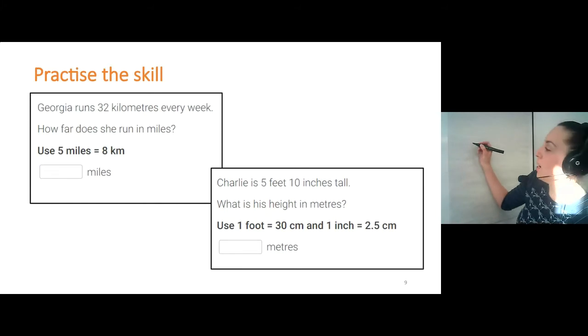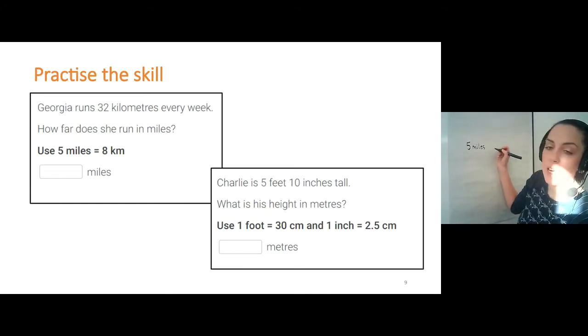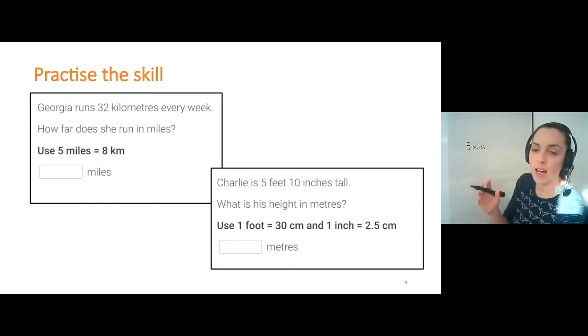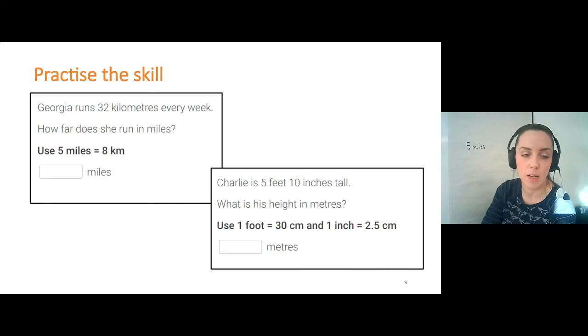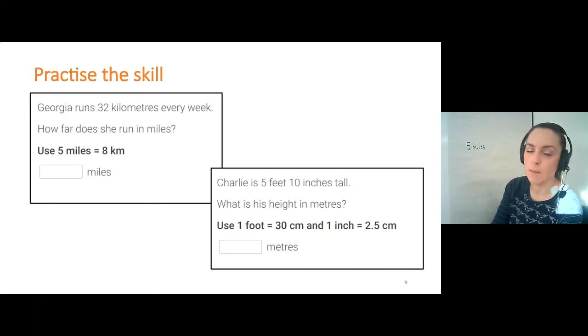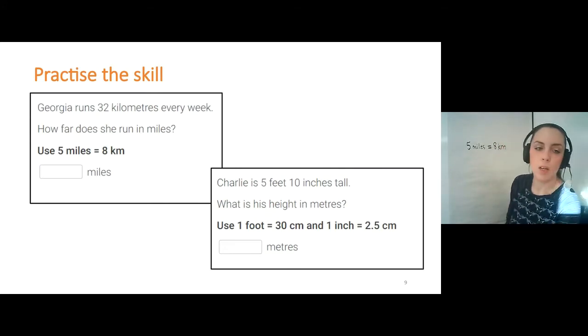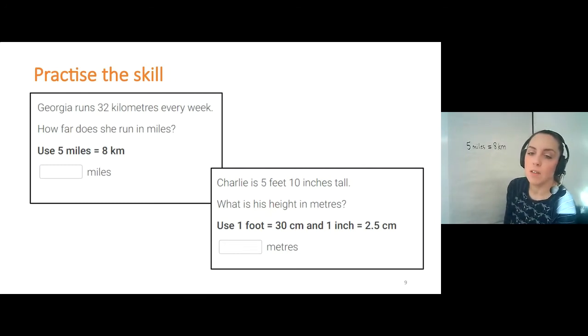So if 5 miles, and hopefully everybody's attended or has seen the scale tutorials already. If you haven't, let me know and I'll send them to you because it would really help you to understand this as well. If 5 miles equals 8 kilometres, and Georgia runs 32 kilometres every week, how far does she run in miles?